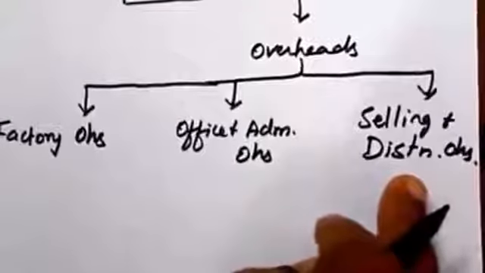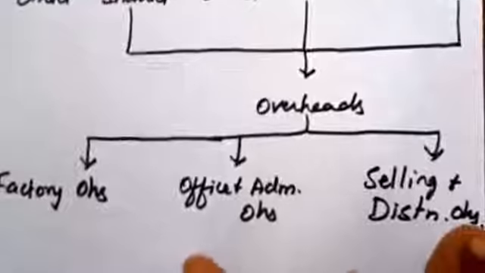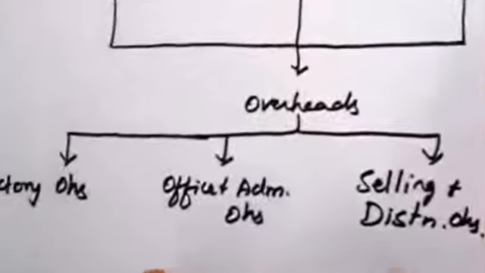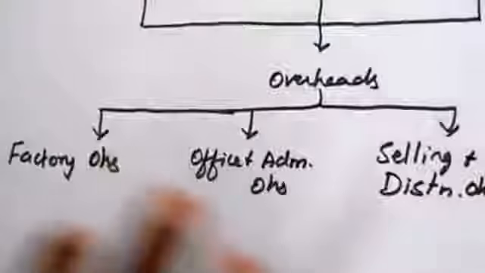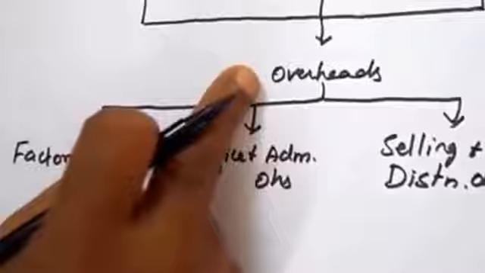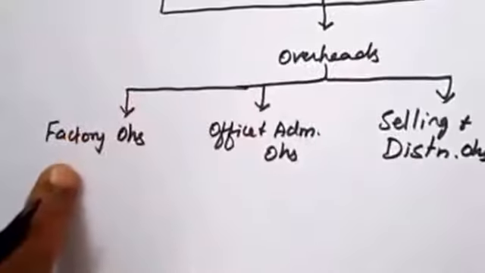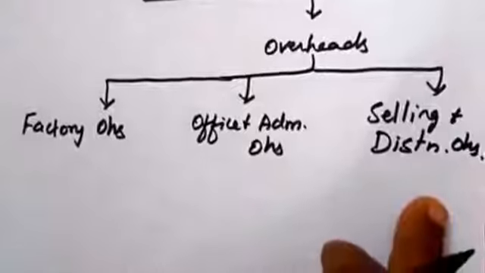Because it is not incurred during the production process. After the production, the product is now ready for consumption. That is, after production, we need to incur some additional expenses. All additional expenses are called overheads. This can be classified into three categories: factory overheads, administrative overheads, selling and distribution overheads.